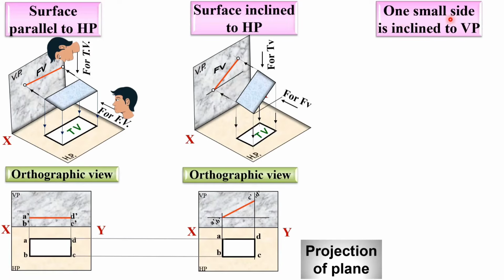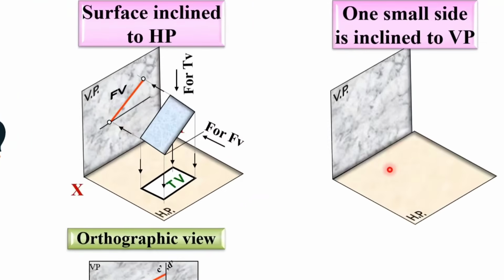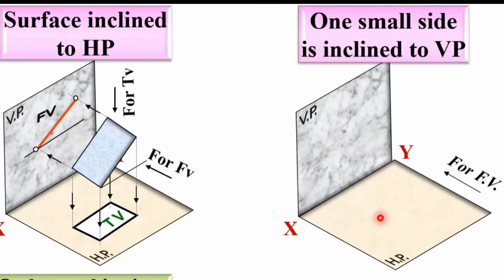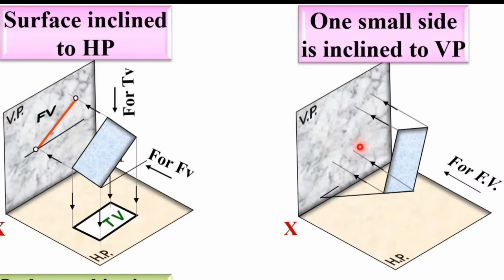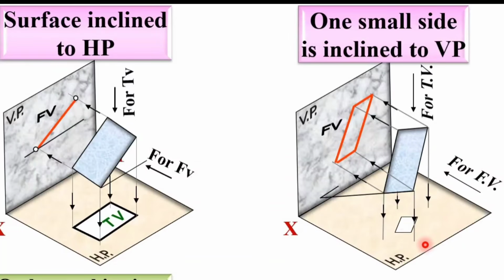Now consider one small side inclined to VP. It is like this, one small surface, that means this one is inclined to VP. Now if you see the front view, you can see this type of view on the vertical plane. That is the front view, and the top view you can see like this.